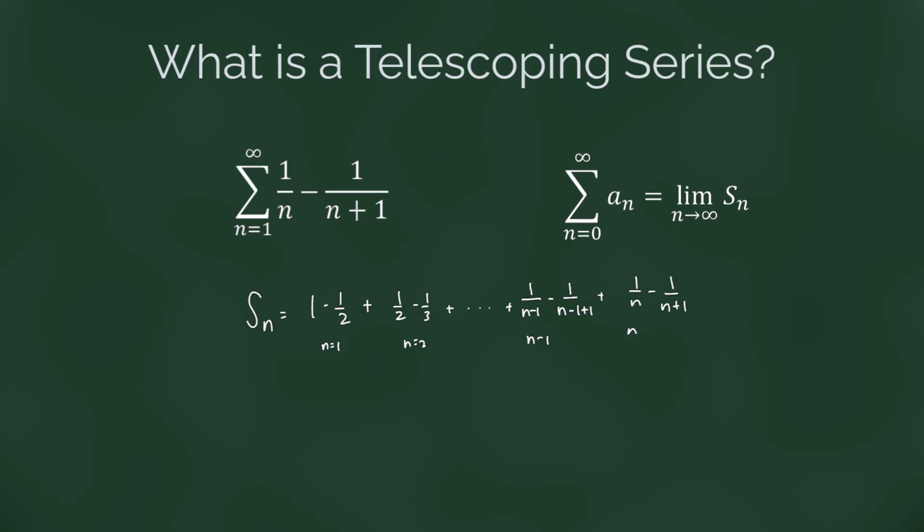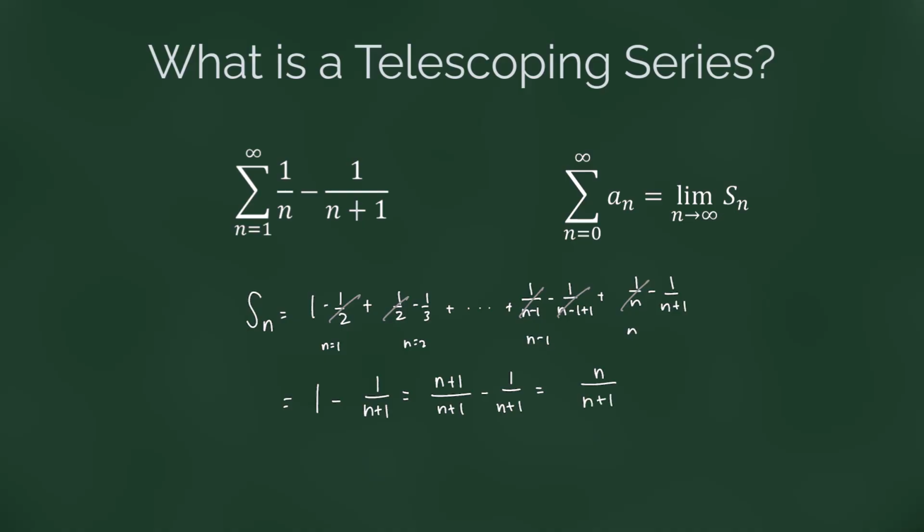Notice in here that the terms cancel each other out. So all of the terms in the middle are going to cancel out because of the changes in sign that we're seeing. And so this is going to be equal to 1 minus 1 over n plus 1. And we can simplify that. We can get a common denominator, that's n plus 1 over n plus 1 minus 1 over n plus 1, which is n over n plus 1.